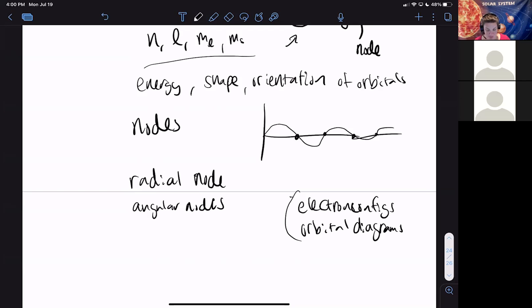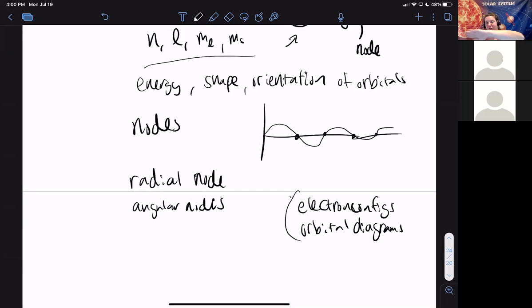So with the Aufbau principle, essentially what occurs is, obviously n equals 1 is lower in energy than n equals 2, which is lower in energy than n equals 3, and so on and so forth. But if we have a many electron atom, so anything besides hydrogen, we have repulsions, and the subshells, the S, the P, and the D and F subshells, they're going to split out within each energy level.